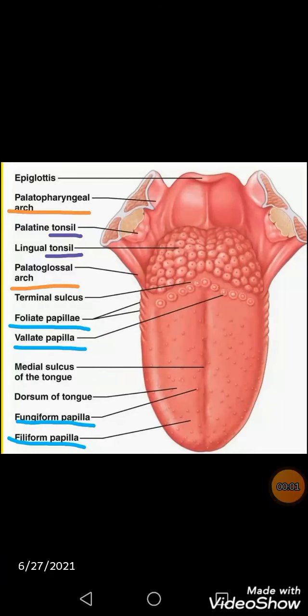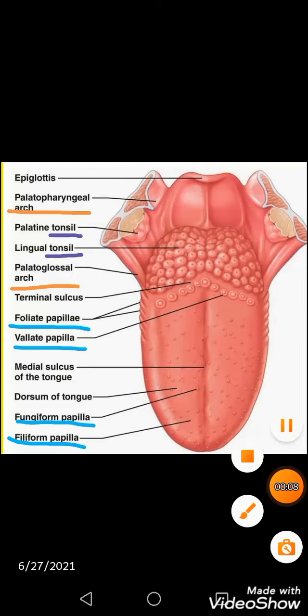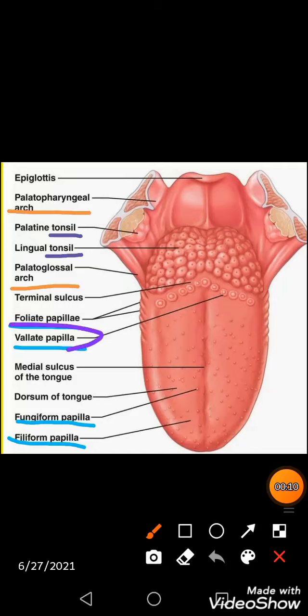Now the lingual papillae, there are 4 varieties we have to observe here. Among them, the vallate papillae are present anterior to the sulcus terminalis. They have a flattened top and circular trenches around them, and the ducts of the various serous glands open into these trenches, right?